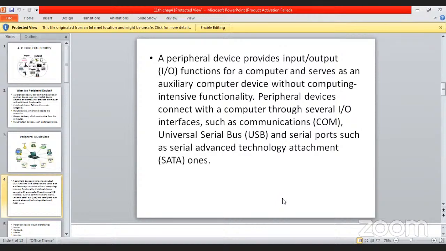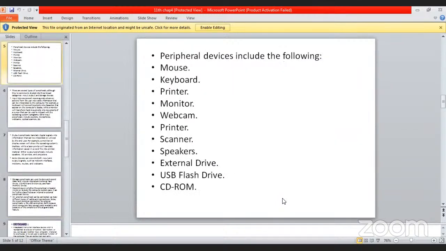But in that, we can use one USB or one communication network as well as SATA at a time only.